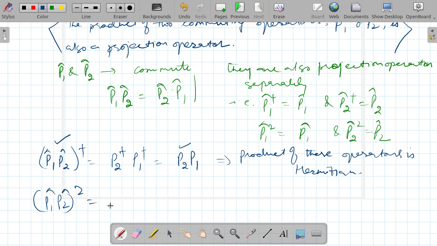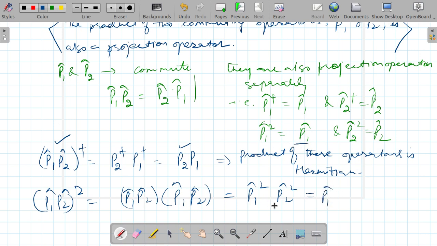Now the other condition regarding their square. Let me simplify this. P1 square is equal to P1 and P2 square is equal to P2 from here.